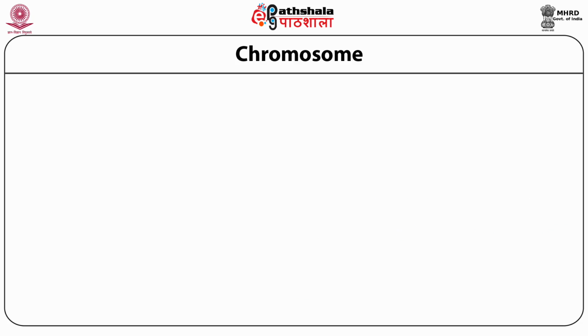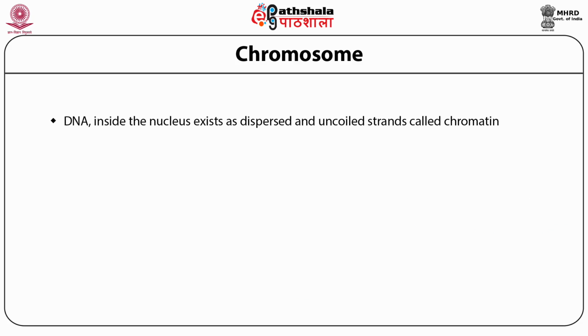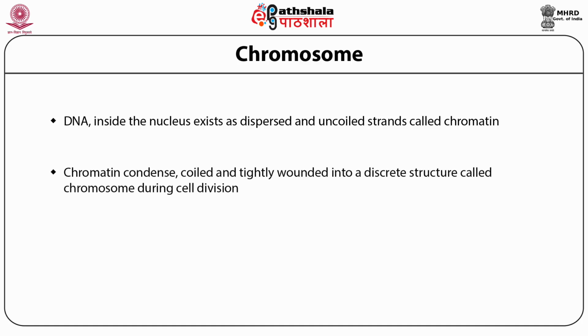Chromosome. DNA inside the nucleus exists as a dispersed and uncoiled strand called chromatin. During cell division, this chromatin becomes condensed, coiled and tightly wound into a discrete structure called a chromosome. Each chromosome has a distinct shape and size, which are partially determined by the position of the centromere, a condensed and constricted region on the chromosome.